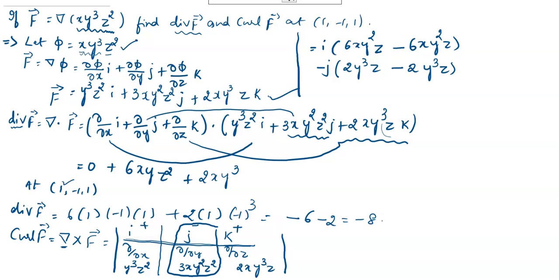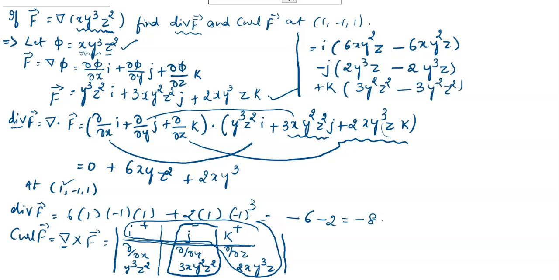In the same way, plus k into, you have to delete the first row and the third column. We get a 2 cross 2 determinant, which we expand. We get 3y square z square minus, differentiating this, 3y square z square.